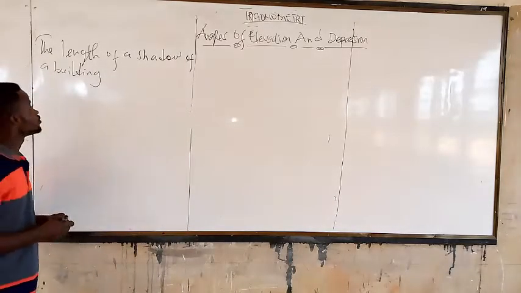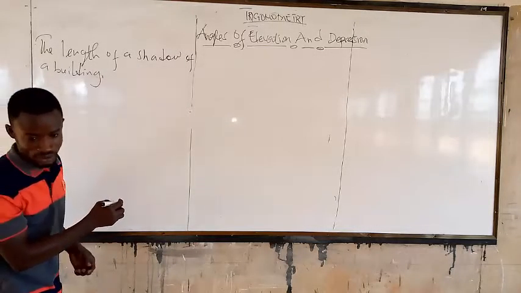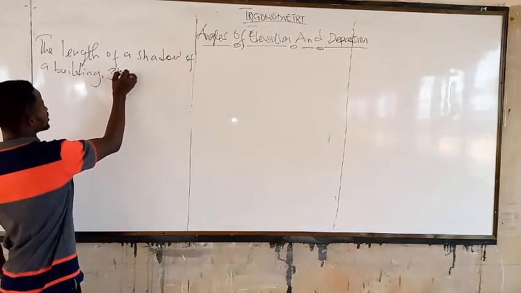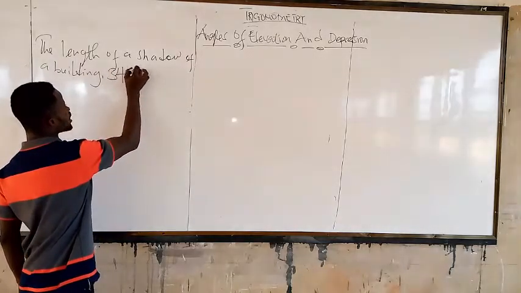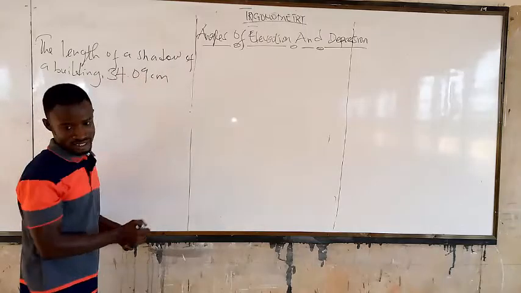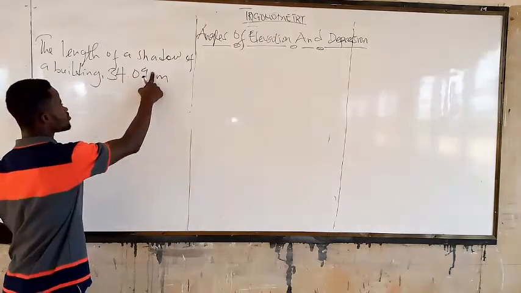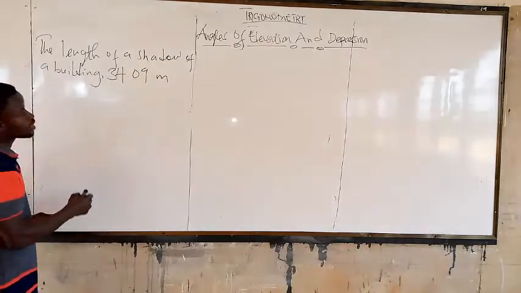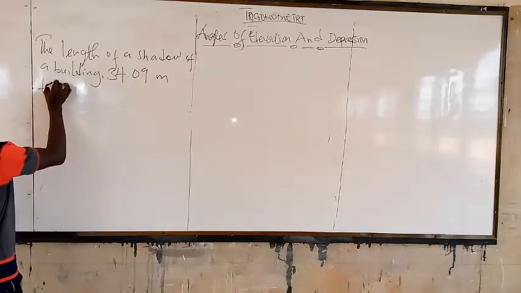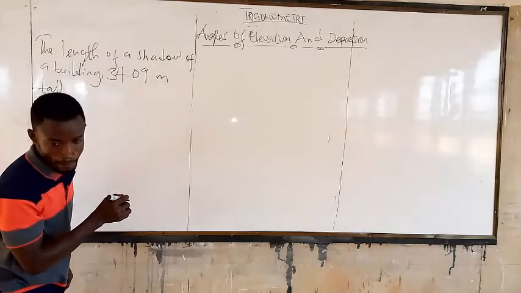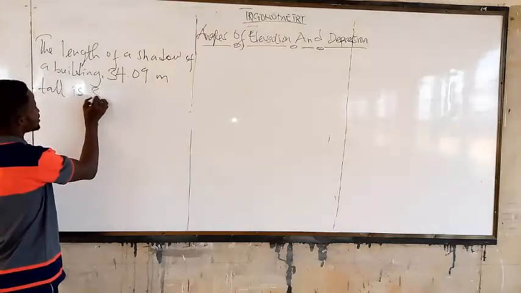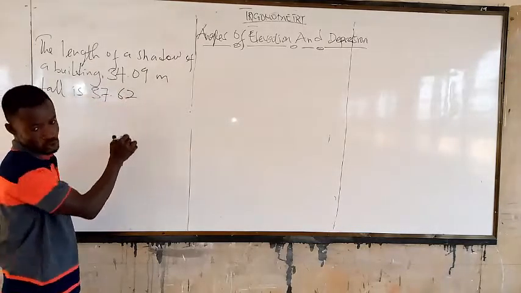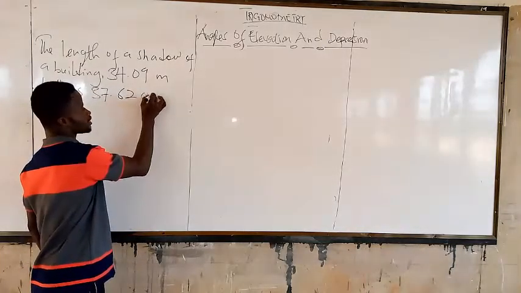You can relate to anything there. The length of a shadow of a building, 34.09 meters tall is 37.62 meters.